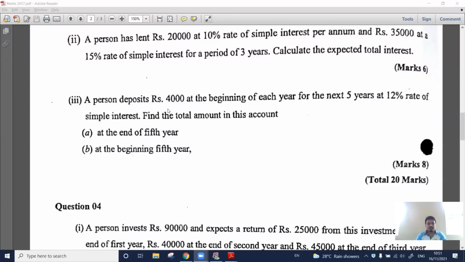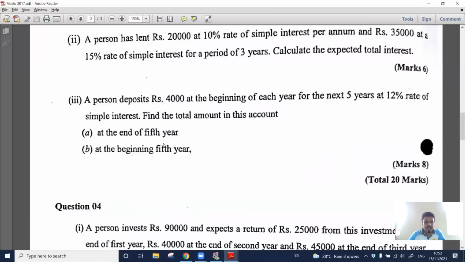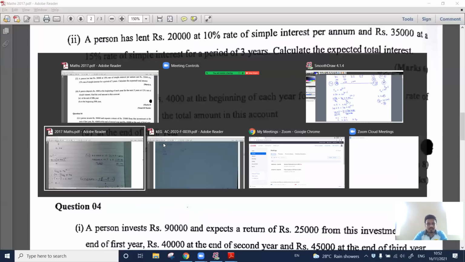At 12% rate of simple interest, find the total amount in this account at the end of the 5th year. I will take your answers.